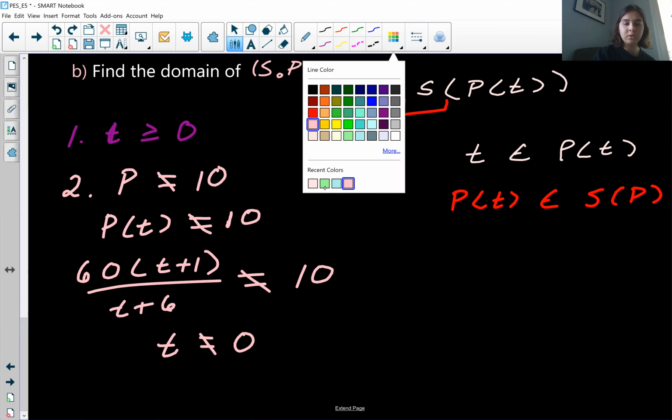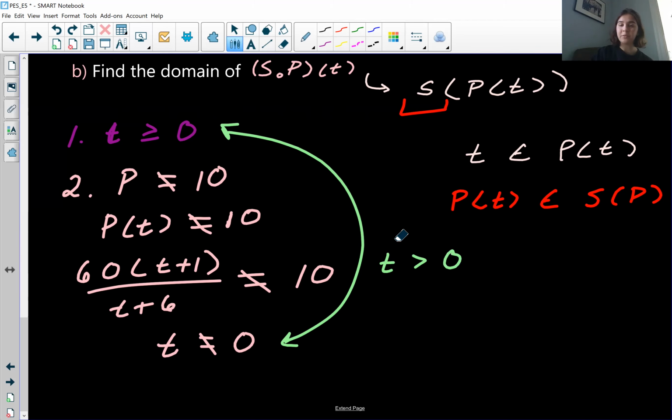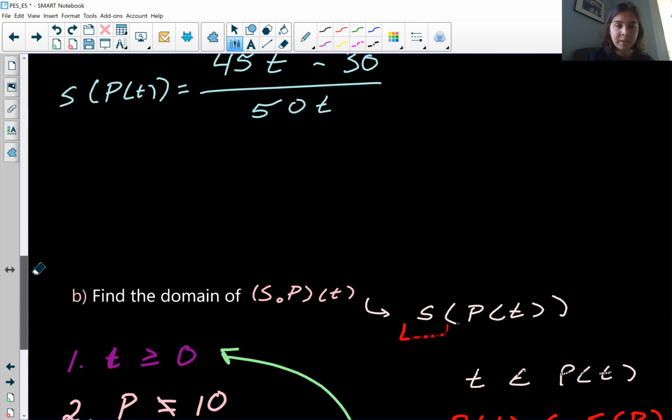And then all we have to do is just combine these two restrictions here. So in the first part, t was greater than or equal to 0, but we just figured out that t can't be 0. So really, t must be greater than 0 for this composite function. Okay.